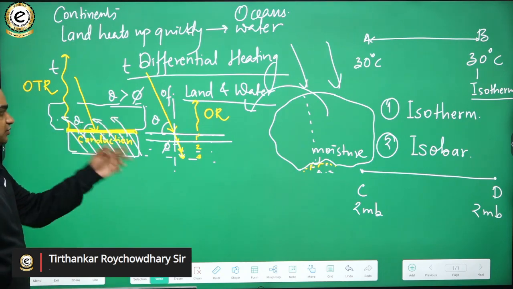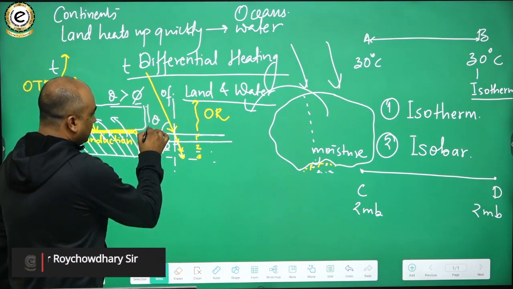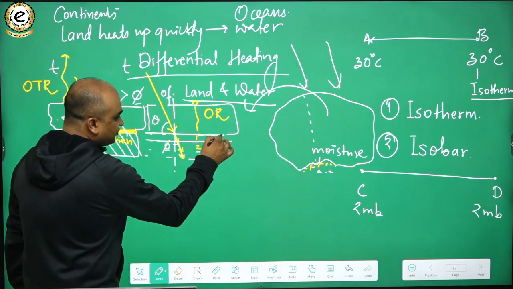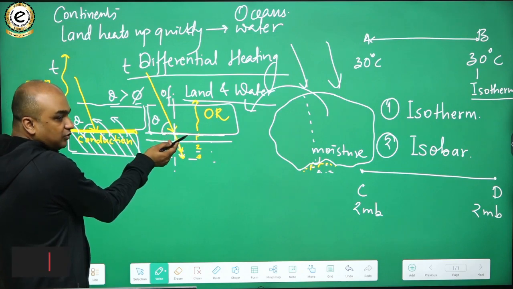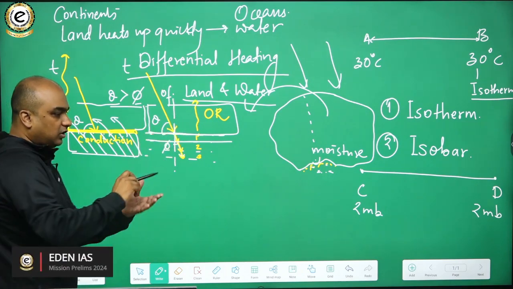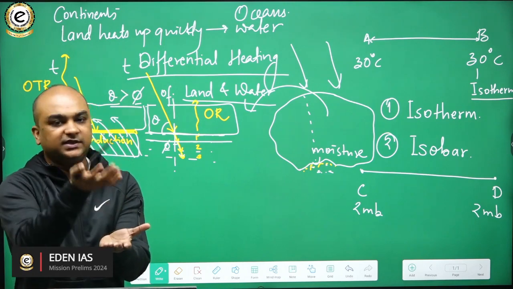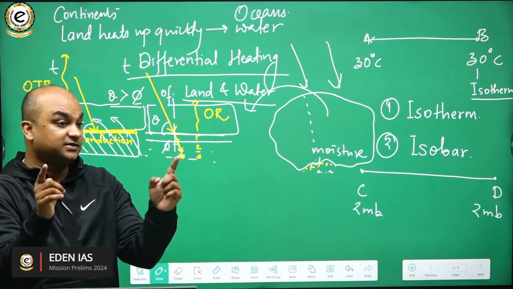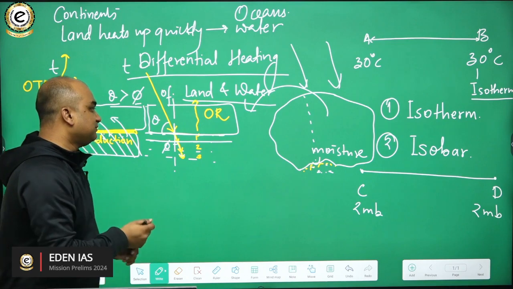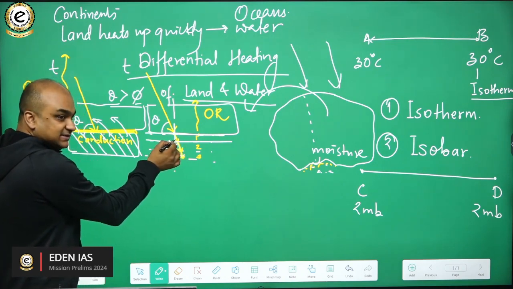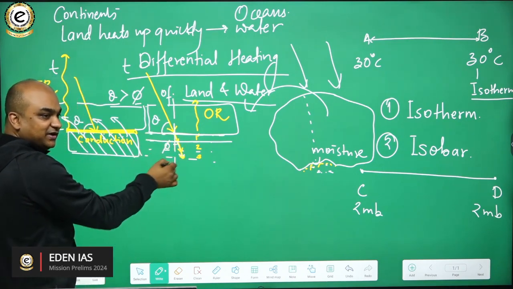But when it comes to water, you see, the air parcel which is in contact with the topmost layer of water, or the air parcel which rests over the water surface, the surface will lose heat to the air parcel. But also you must keep this in mind that there is mixing of layers that keeps on going in water.